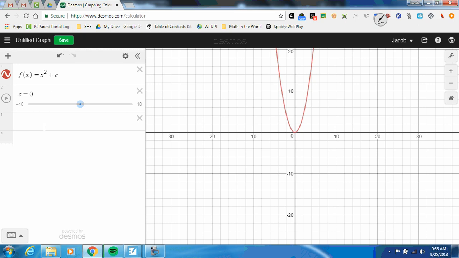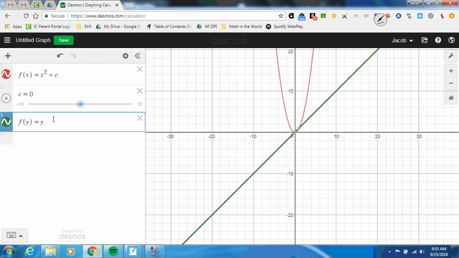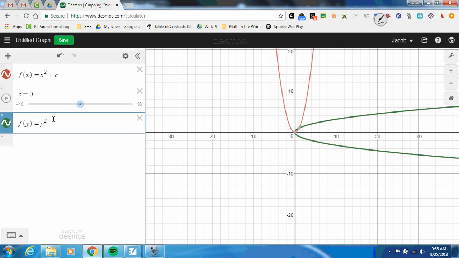Let's see. I'm going to do a new one. y equals y squared plus c. So what happens when I'm at y squared, I got a sideways parabola now, right?